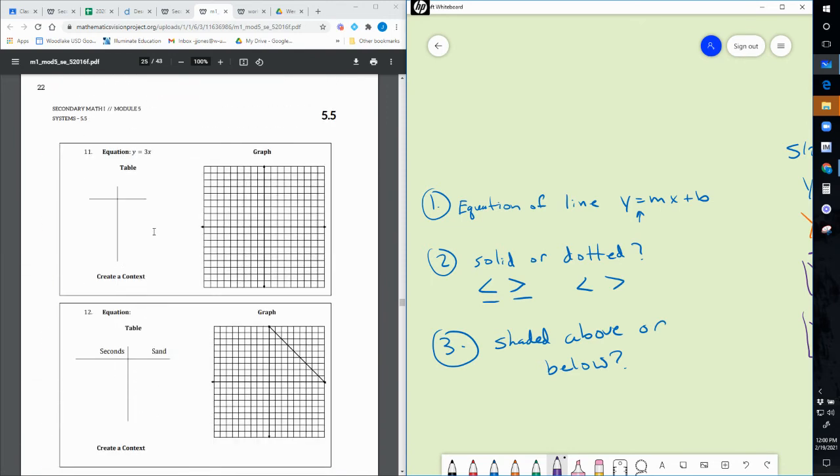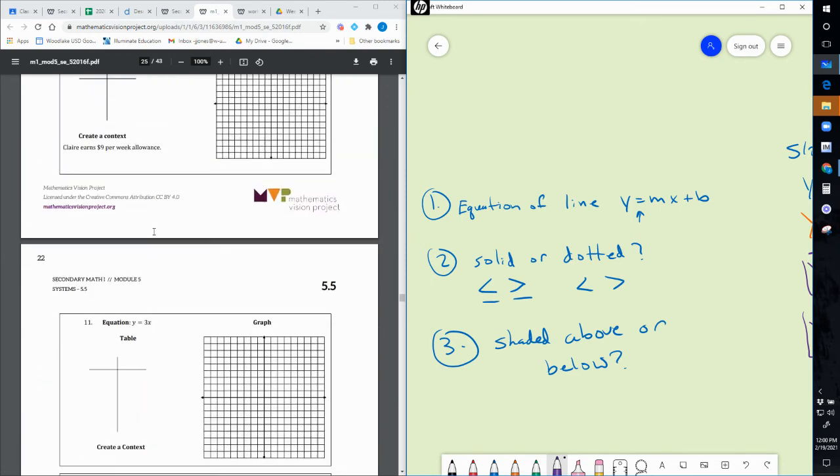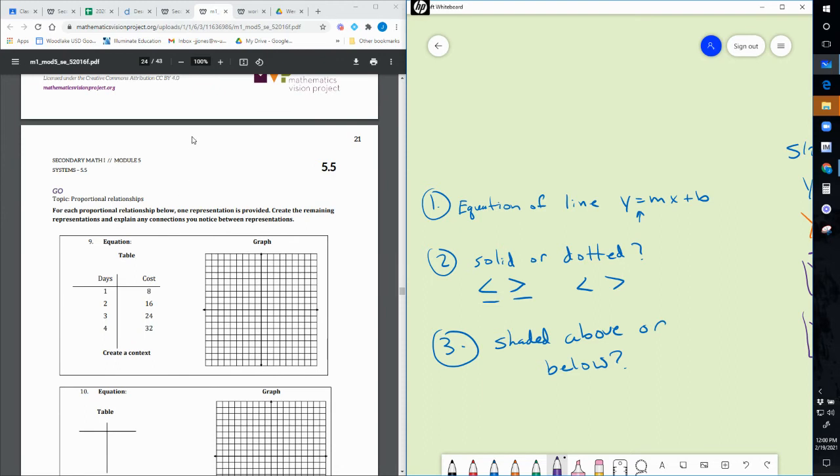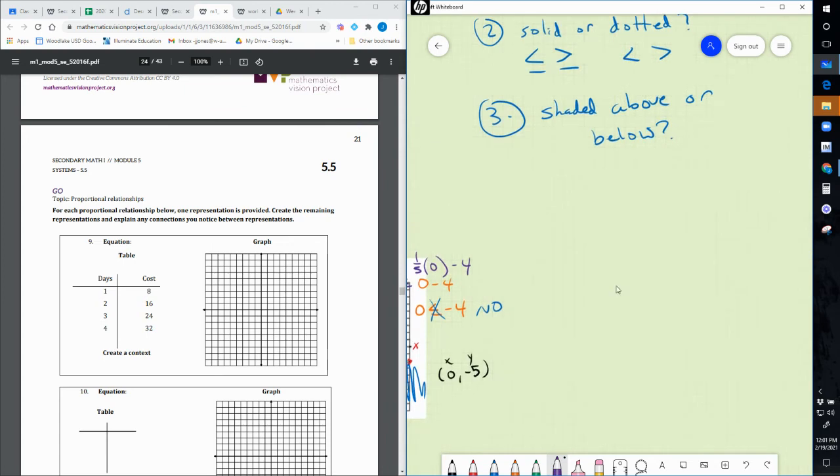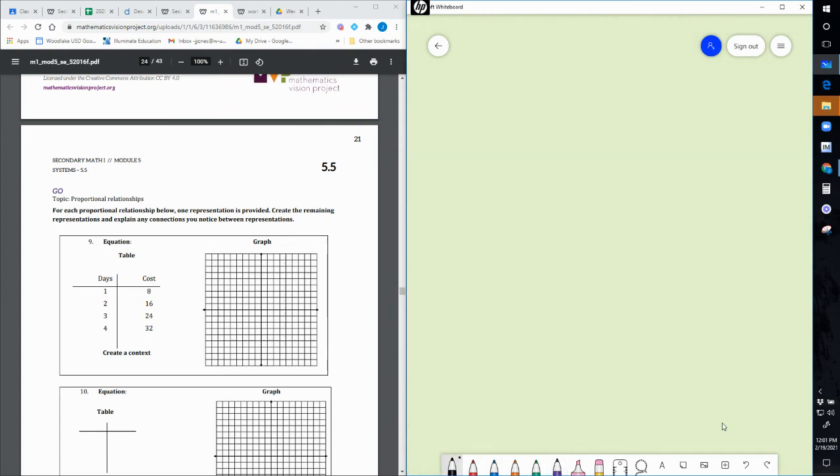Once you get to 9, 10, 11, and 12, these ones are all very similar. They just say, for each proportional relationship below, one representation is provided. Create the remaining representations and explain any connections you notice. So number 9, for example, let's change screens. Let's use black.